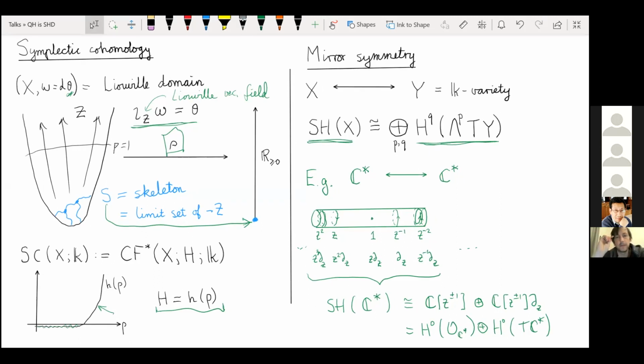Sorry, Nick, is your mirror symmetry at the level of cohomology, or do you mean some homological mirror symmetry behind that? I'm saying that one prediction of mirror symmetry, if X and Y are mirror, is that you should have this isomorphism. But your Y has to be smooth. Yeah, it's a prediction of mirror symmetry. Otherwise, I don't know what the tangent complex is.